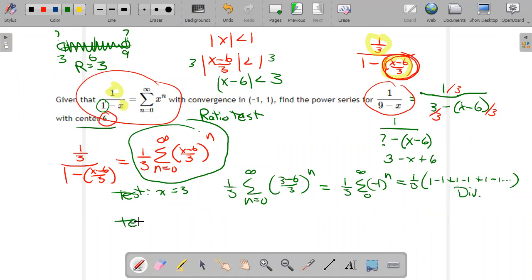If we test the other endpoint, x equals 9, then we get 1/3 sum of 9 minus 6 over 3 to the n, which is 3 over 3 or 1 to the n. So that would be 1/3 times the sum of a bunch of 1s from 0 to infinity.